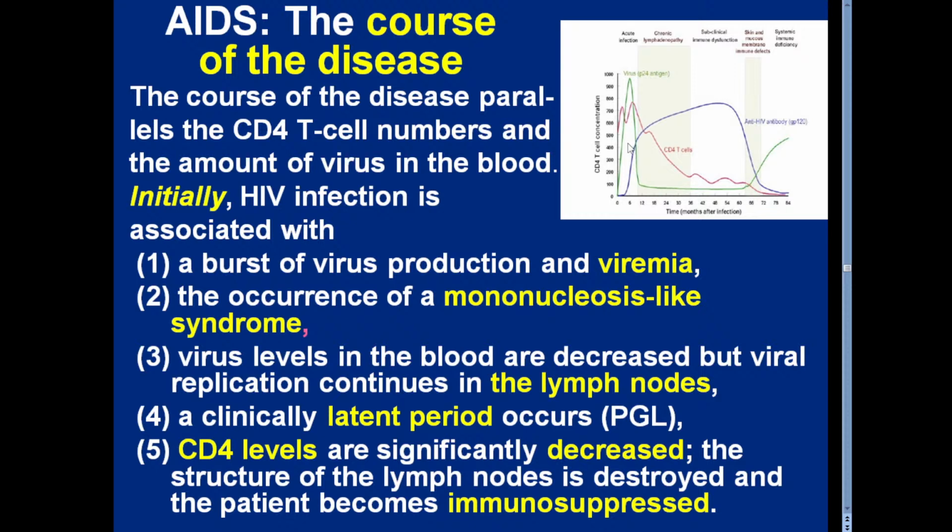Then the immune system, which was initially healthy, tries to decrease the number of viruses, and virus levels in the blood really decrease, but the viruses survive and continue to multiply in lymph nodes.